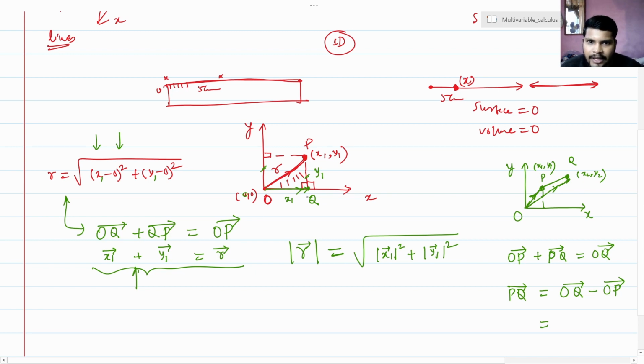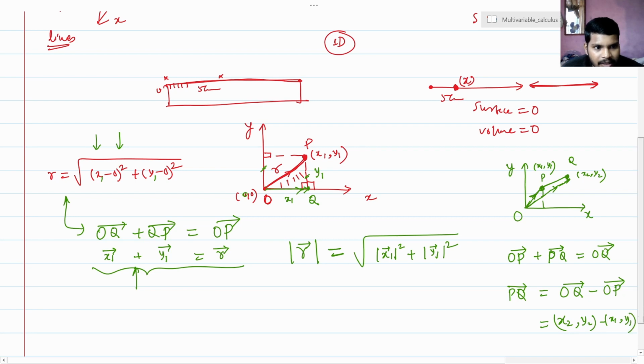What was x1, y1? x1 was the distance between two things. So here 0 minus x1 is basically x1, and 0 minus y1 is y1. Similarly, over here 0 minus x2 is x2. So I can simply write x2 comma y2 minus x1 comma y1.